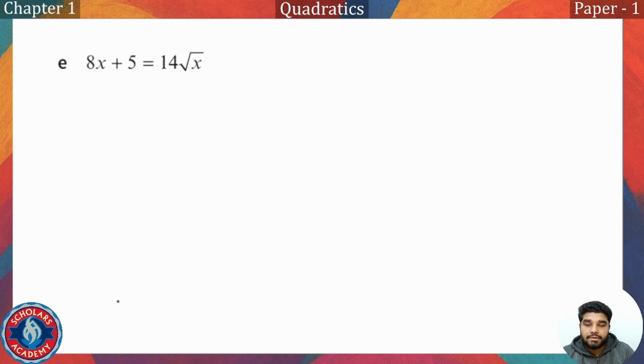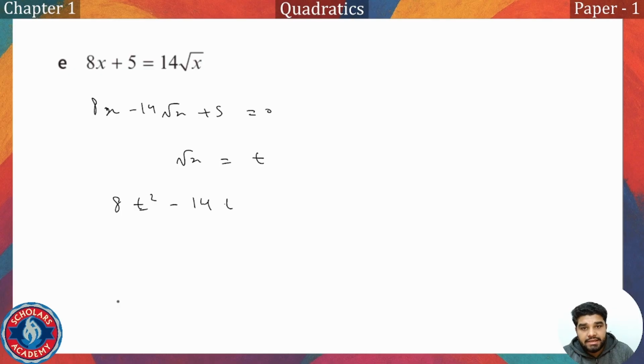All right. So over here we have 8x minus 14 root of x plus 5 is equal to 0. Taking root of x as t, we get 8t square minus 14t plus 5 is equal to 0. So product is 40, sum is 14.